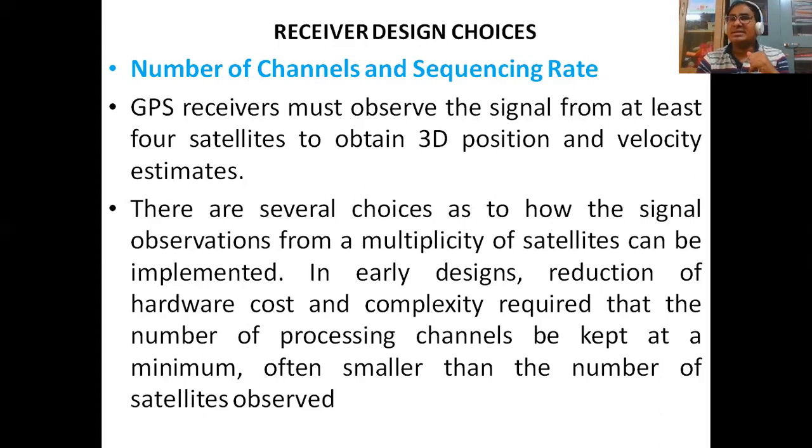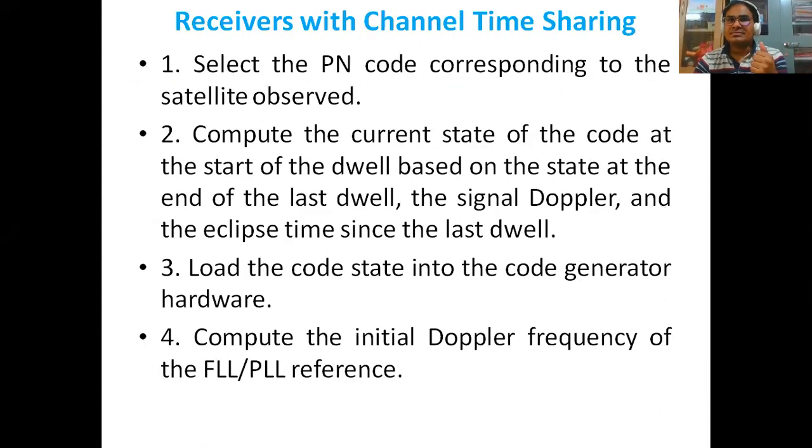So for that purpose, it has to come with more than 2 channels. So the channel time has to be shared. Here we are expecting a time division multiplexing process. So how is that channel time shared?